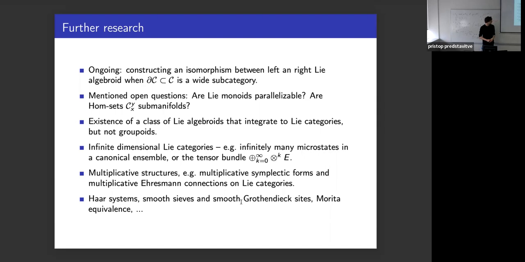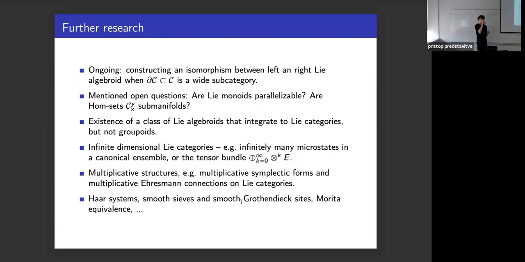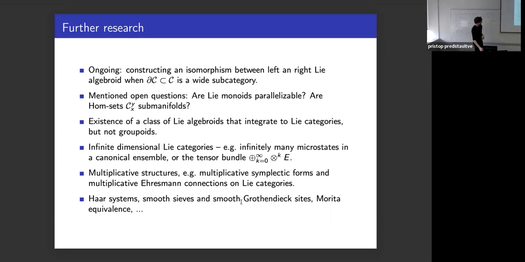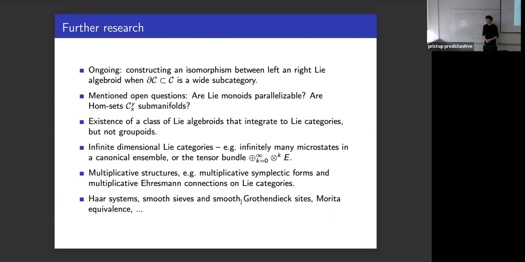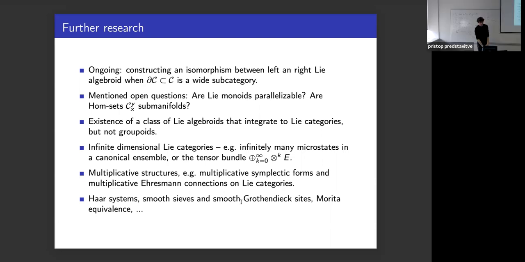So if you have a Lie category without boundary, the invertible elements are a neighborhood of the invertibles. So this is a special case of a local Lie groupoid. Well, it's just a Lie groupoid, right? You mean the whole category? Yes. Yeah, the whole category is basically going to be a local Lie groupoid.